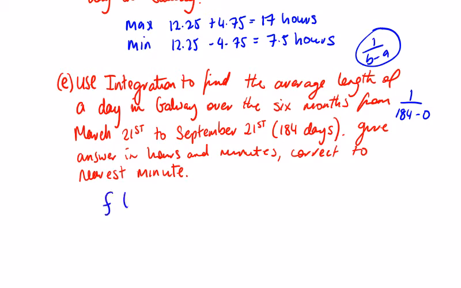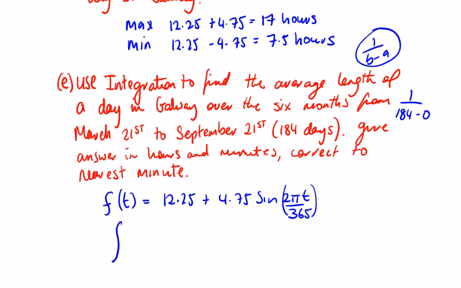Okay, let's write down f of t and then integrate it. f of t is 12.25 plus 4.75 by the sine of 2 pi t over 365. Cos differentiates to minus sine, so sine integrates to minus cos. Let's integrate it first, then we can put our limits in.